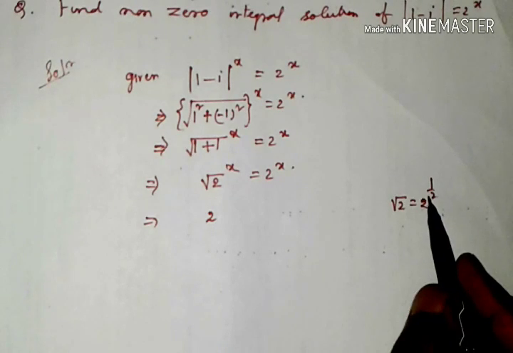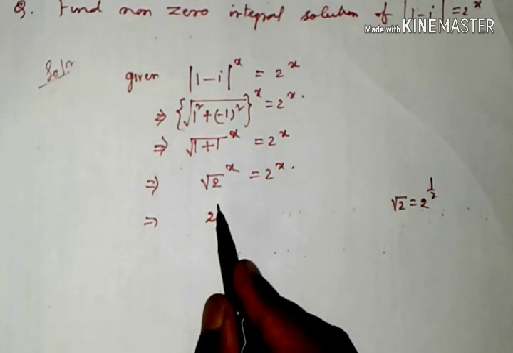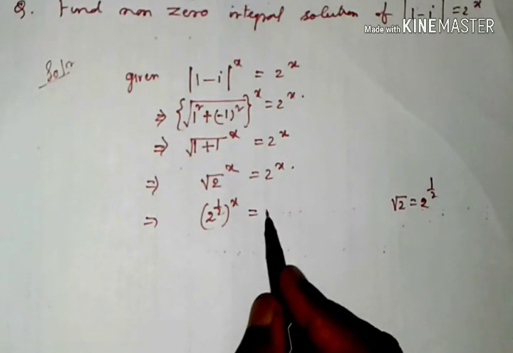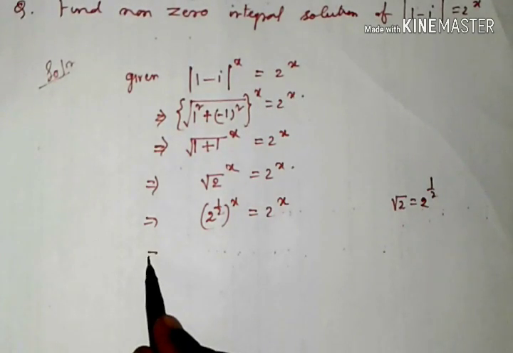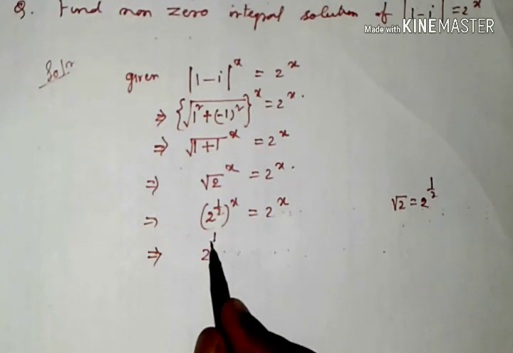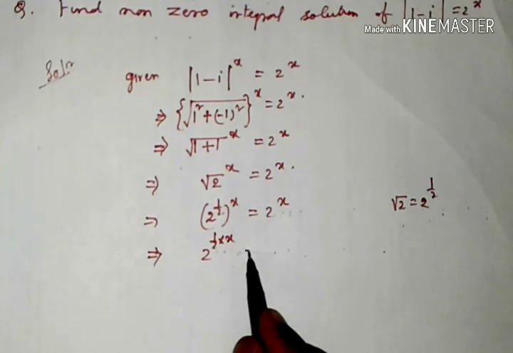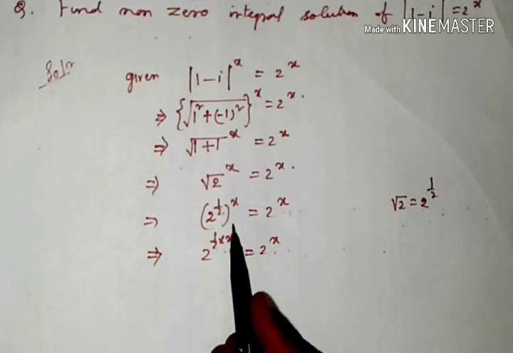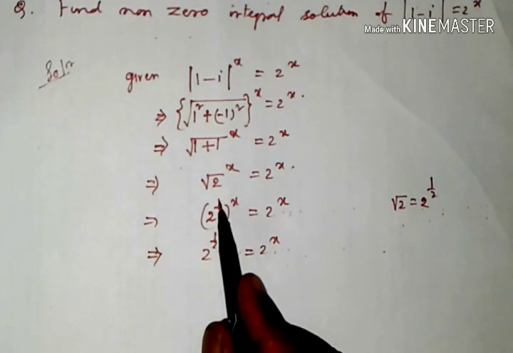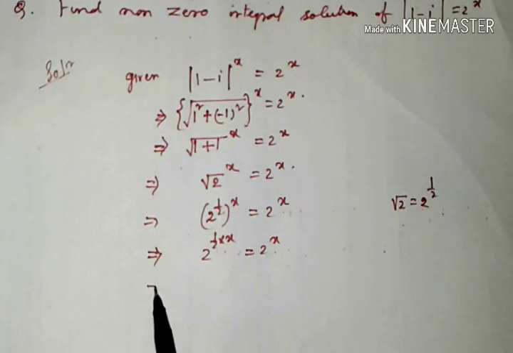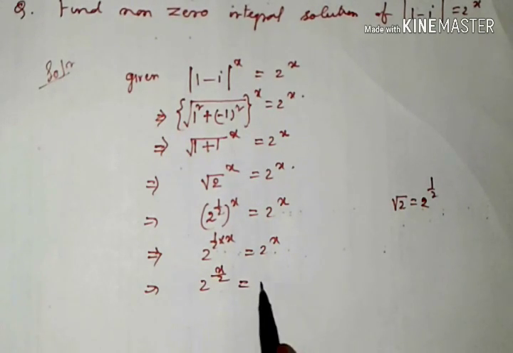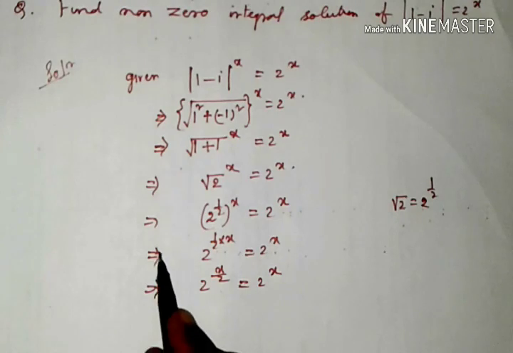We know root 2 is 2 to the power half, therefore 2 to the power half, all to the power x, equals 2 to the power x. By the properties of powers, this is 2 to the power x by 2, equal to 2 to the power x.